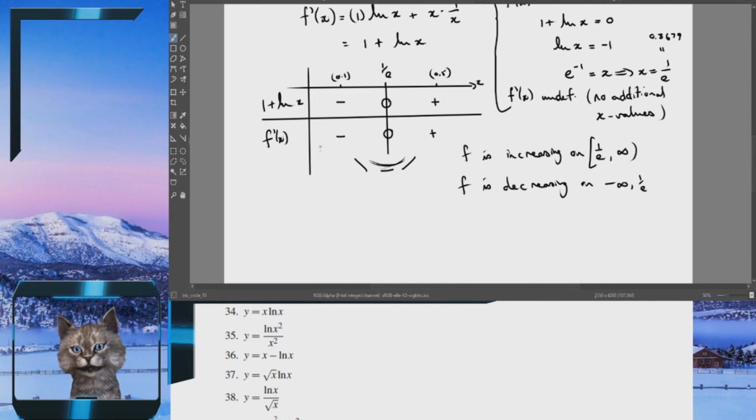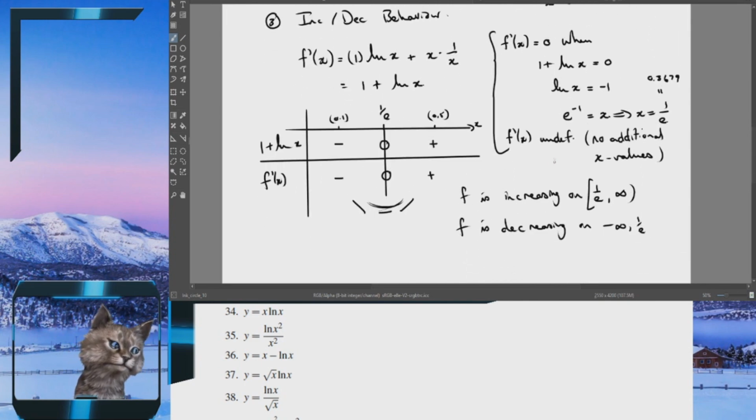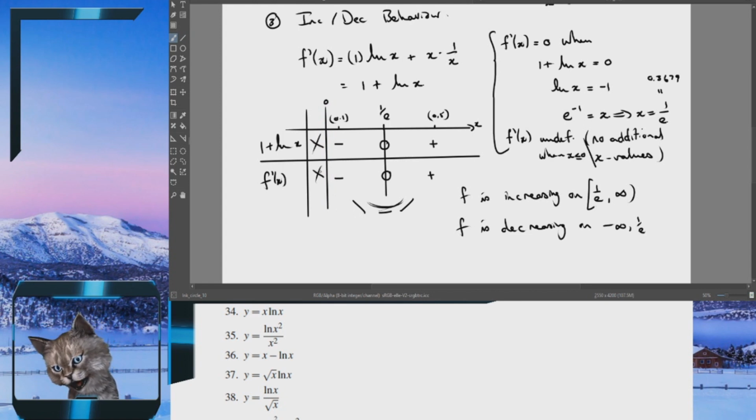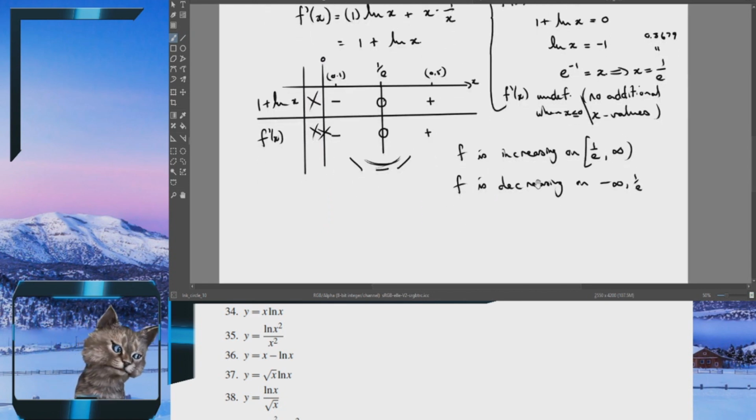There is no left side here, remember. We should maybe clarify that by saying here, undefined when x is negative or less than or equal to 0, because of this log component. So as a reminder, it might be beneficial to put a little 0 here and say bad things are happening, undefined. So then when you see it there, it reminds you, oh, I can't do this. It can only start at 0.